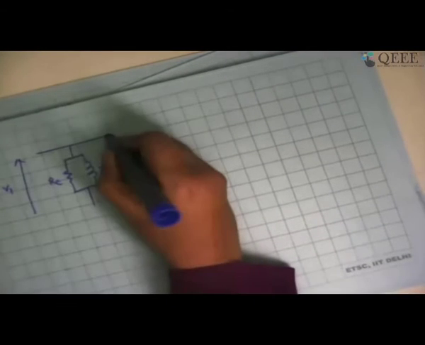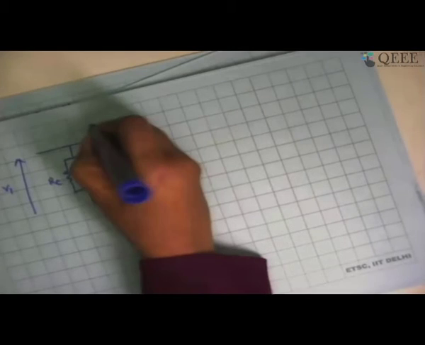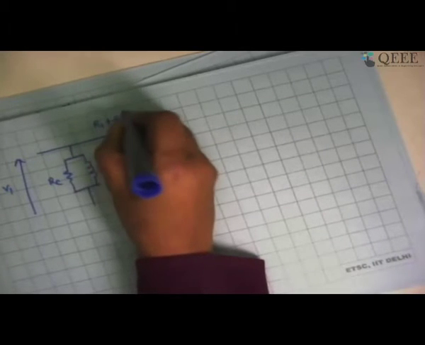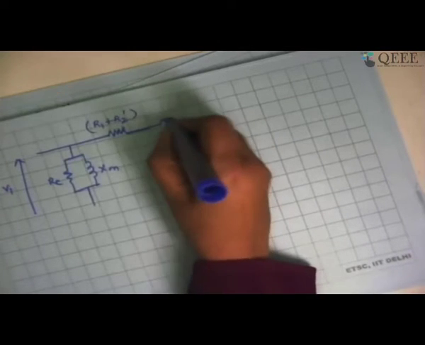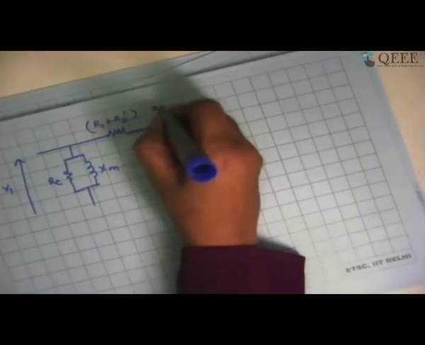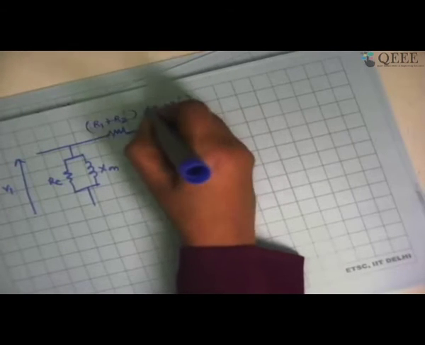I can simply say that the parallel branch I am shifting to the beginning, XM and RC. And I am applying V1 here. I am going to show the resistance as R1 plus R2 dash, and I am going to show the inductance as X1 plus X2 dash.